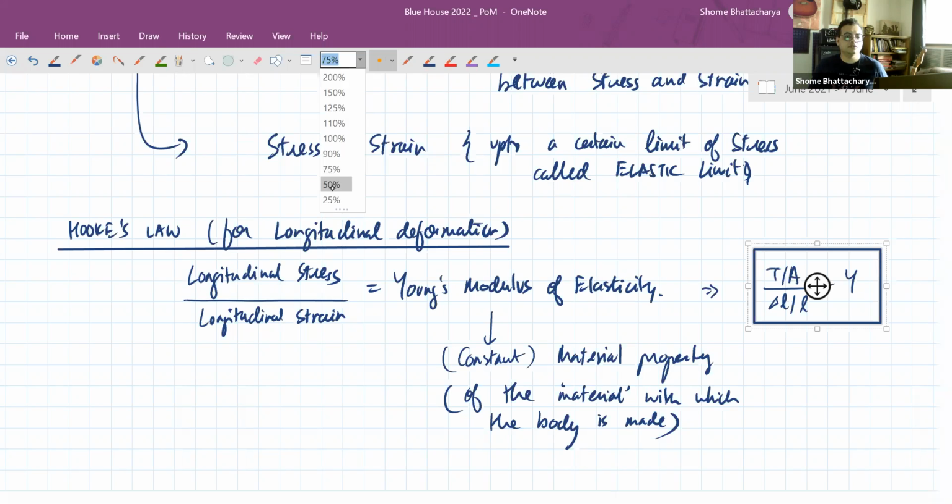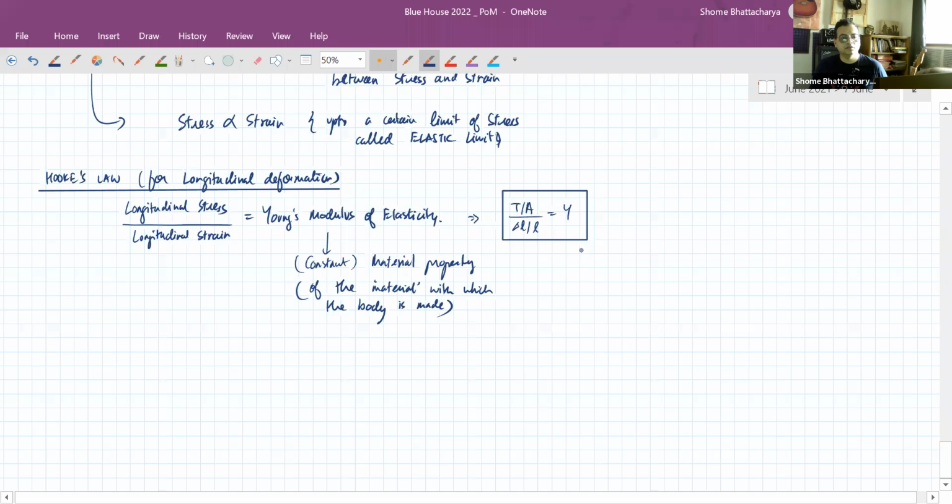So this is how we express it in terms of an equation. So where A is cross-sectional area, T is tension. So T by A is nothing but longitudinal stress. And delta L by L is nothing but longitudinal strain, which is the fractional change in length.